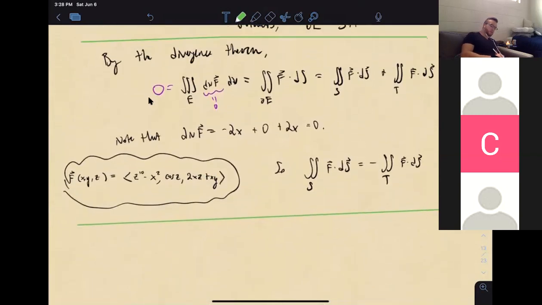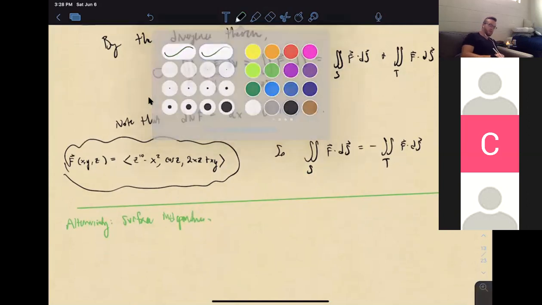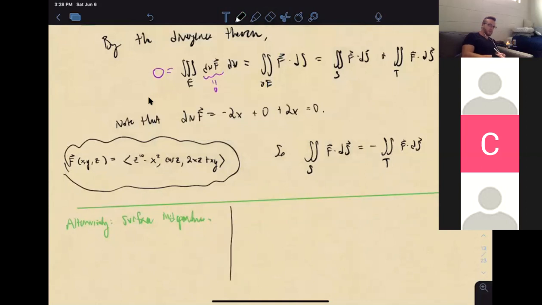So that's one thing we could say between the green lines. But alternatively, we could do a surface independence argument. I'll just sketch this out. The divergence is 0. We just showed that. And F is defined on R3.